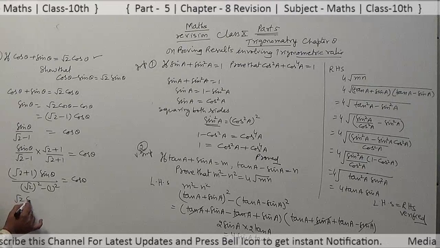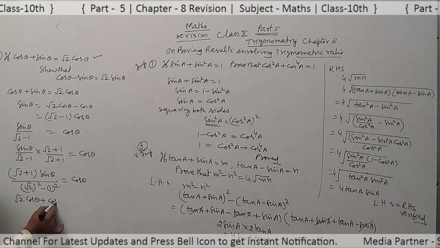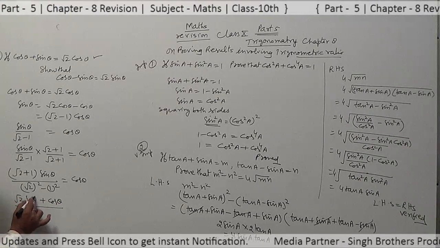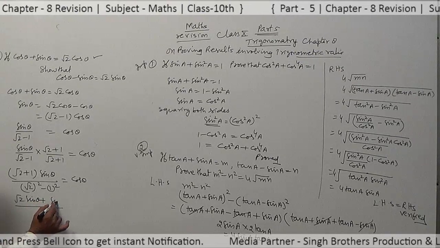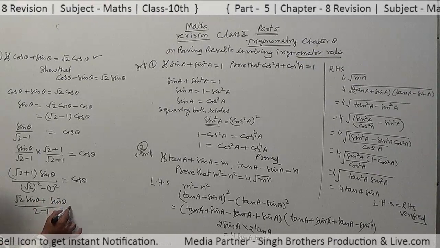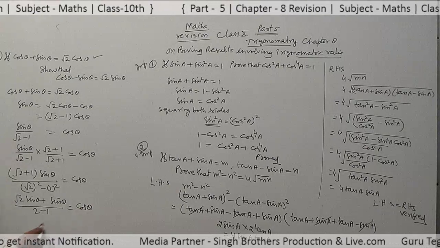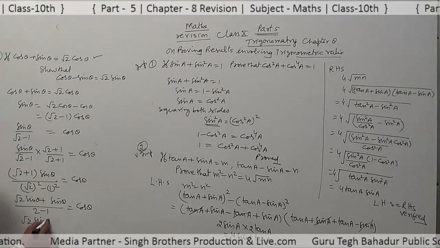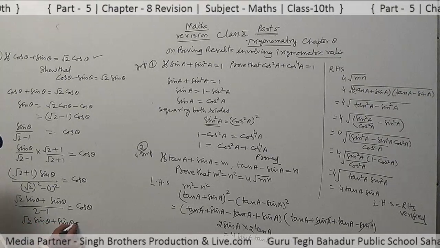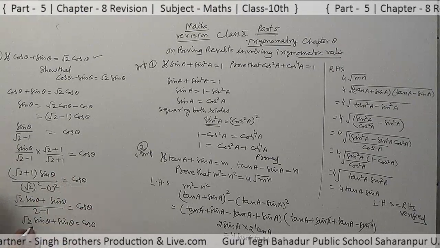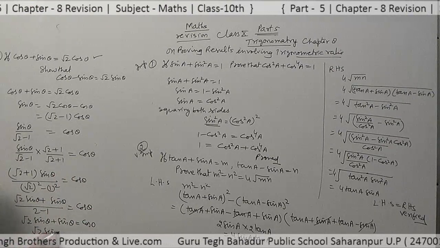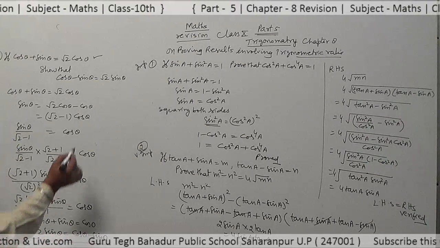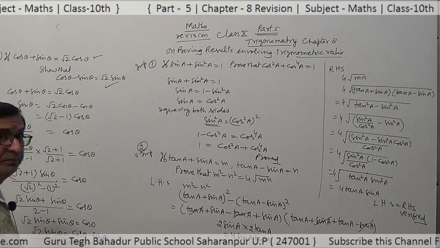Multiplying inside, root 2 cos theta plus cos theta, root 2 sin theta plus sin theta upon 2 minus 1 is equal to cos theta. 2 minus 1 is 1. So root 2 sin theta plus sin theta is equal to cos theta. Sin theta take on right side, it will be cos theta minus sin theta. So this is a proof of this question.